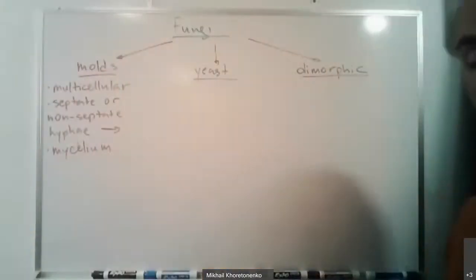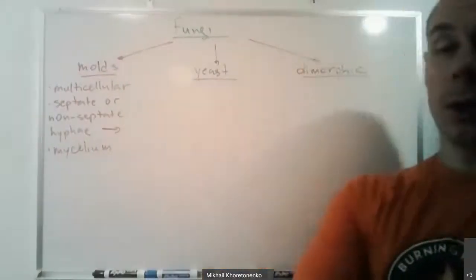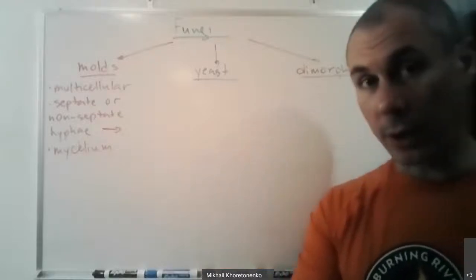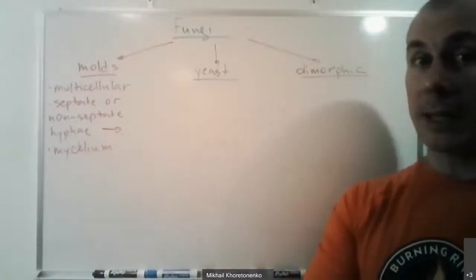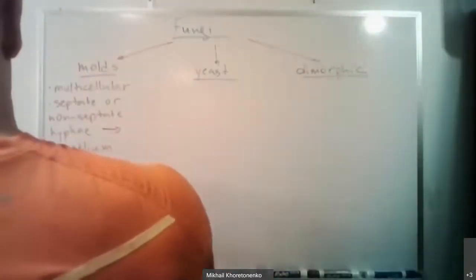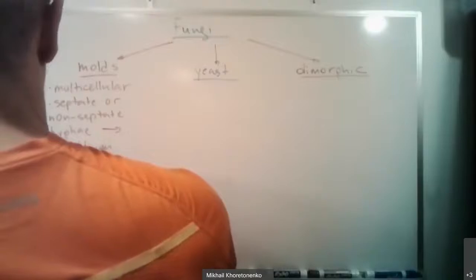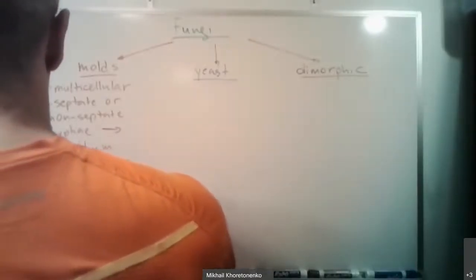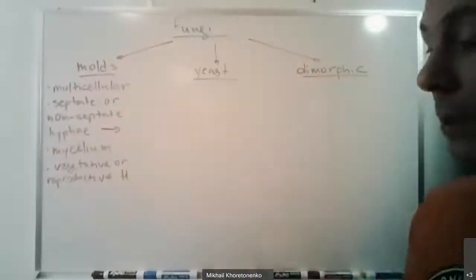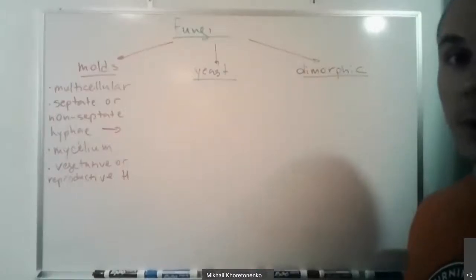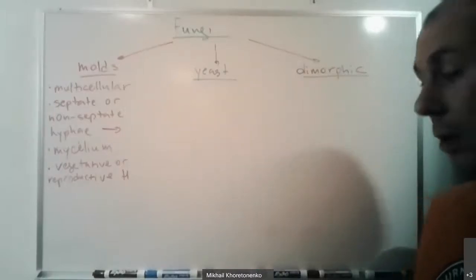When you find mold growing on the bread or berries or fruits, this fuzzy structure that you see is a mycelium. Inside of the mycelium, you can find vegetative or reproductive hyphae. So vegetative hyphae are essential for acquiring nutrients from the substrate the fungus is growing on.